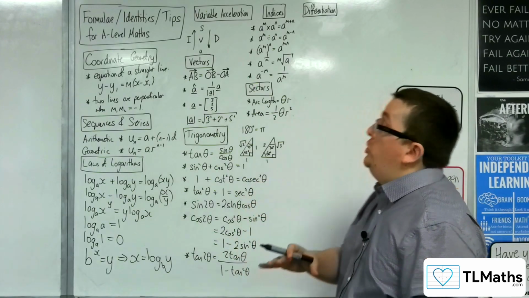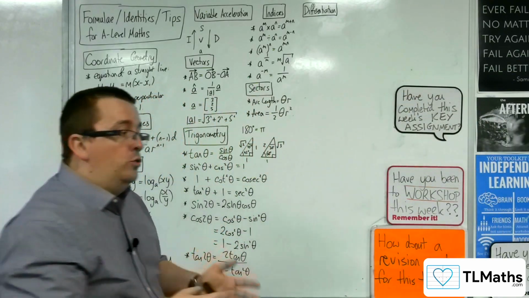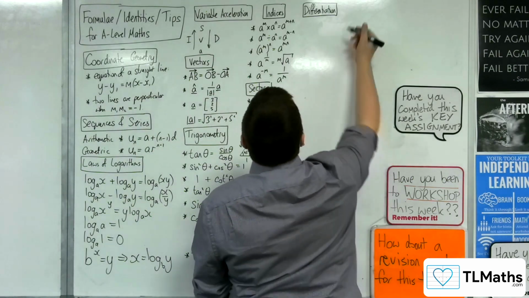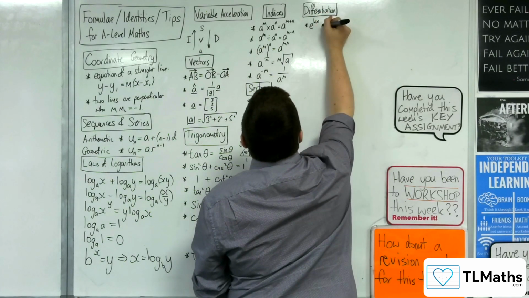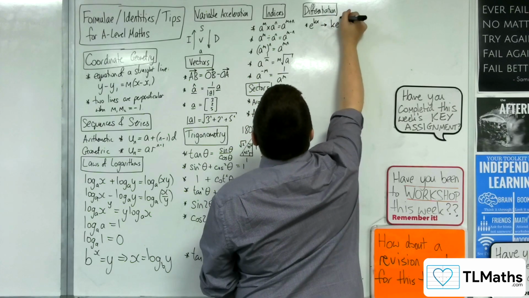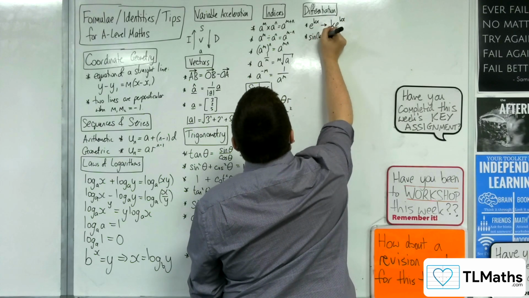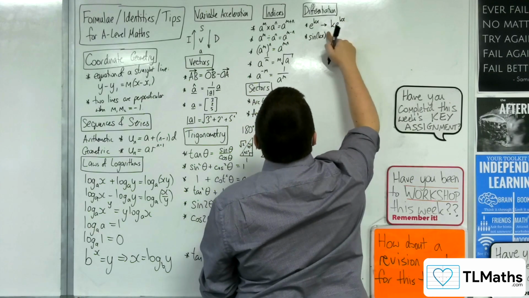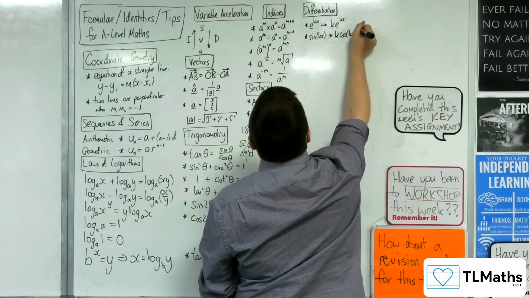So differentiation, there are key derivatives that you must make sure you know. If you are differentiating e to the kx, then that is k e to the kx. If you're differentiating sine of kx, then that is k cosine of kx.